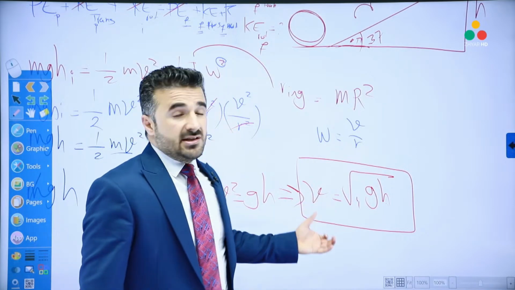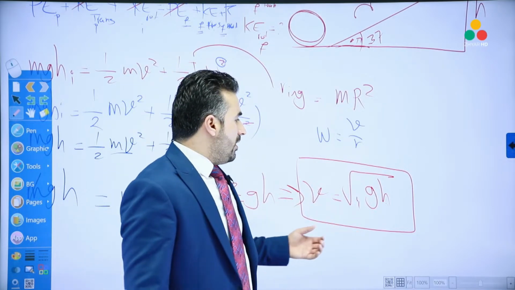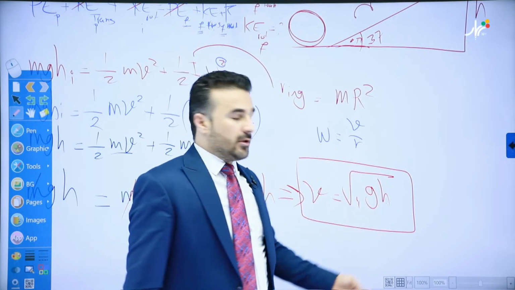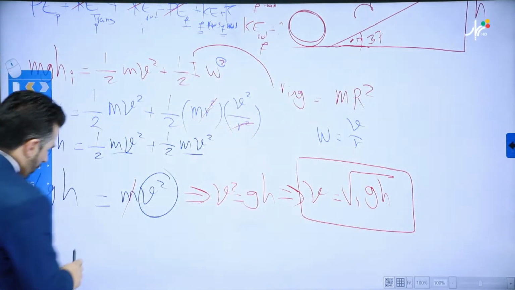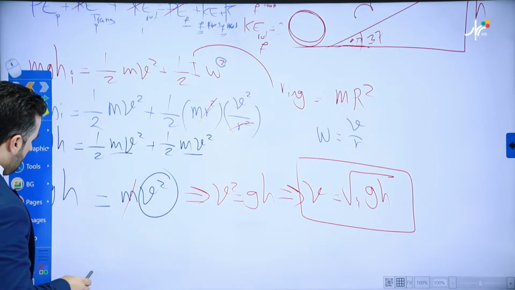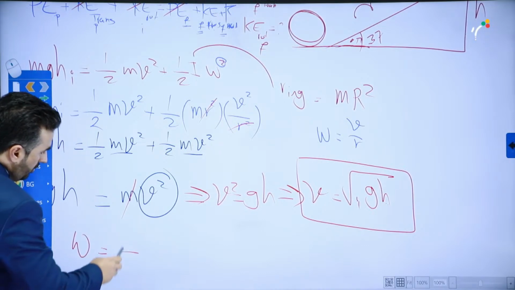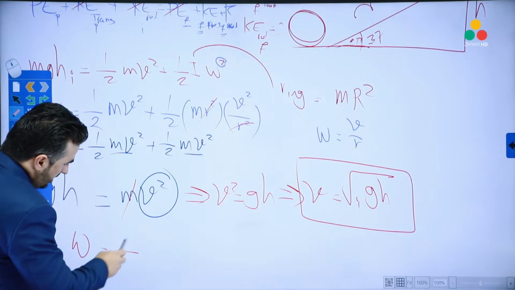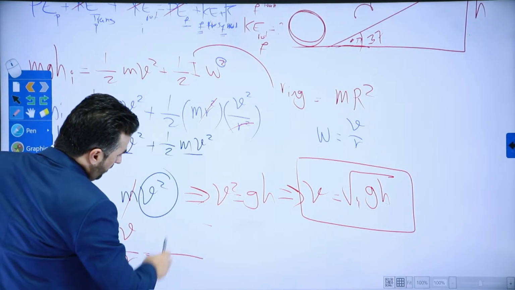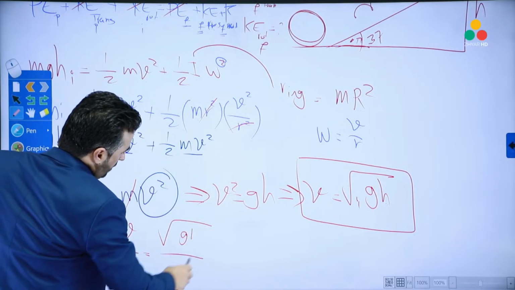But what if it was the angular speed? We've said before that angular speed equals velocity over the radius. So in this case, velocity would be the square root of gh, over the radius.